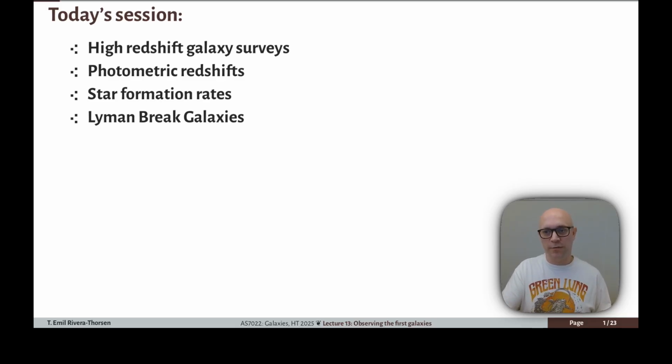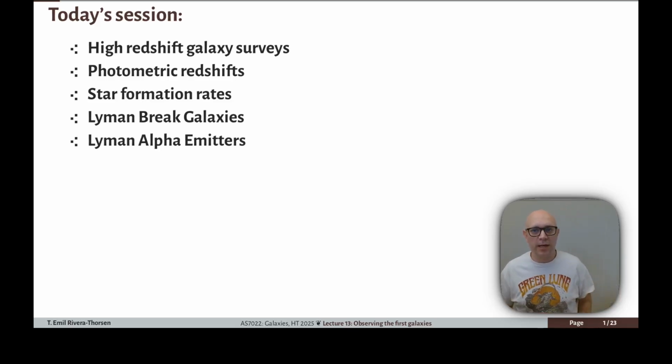Because, of course, if something requires very long exposure times on very small patches on the sky, then you aren't going to get over a very large fraction of the sky. But if you can find some methods that will help you take very deep images in a short time on very large patches of the sky, then you're more likely to find something that is interesting when you're doing this kind of needle in a haystack search, which this is.